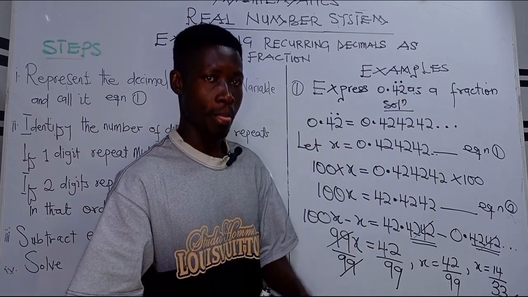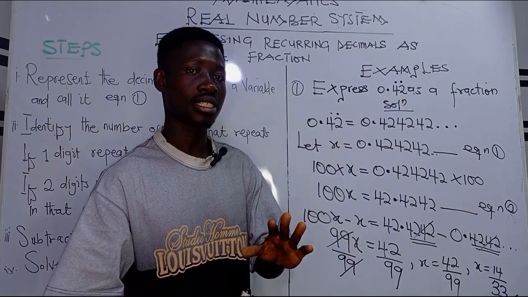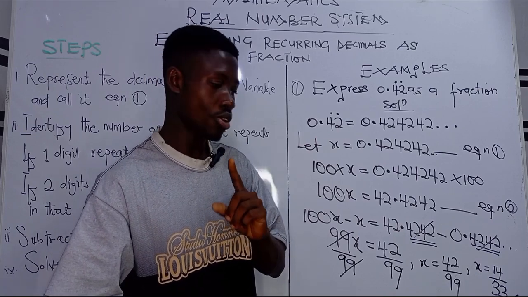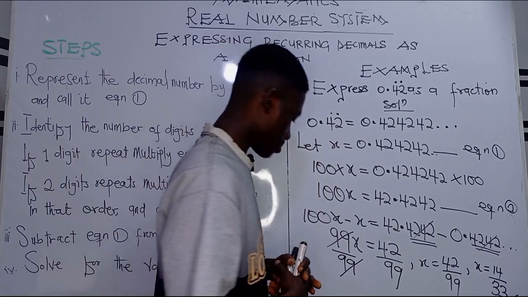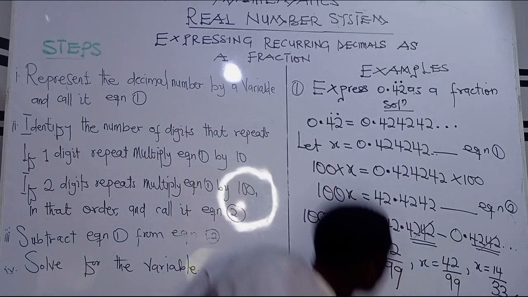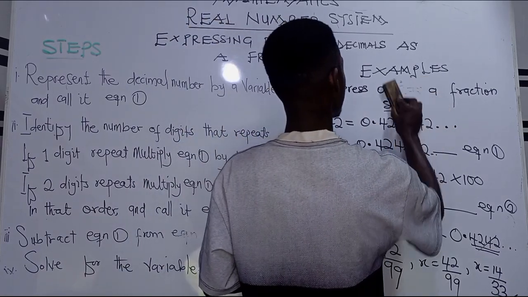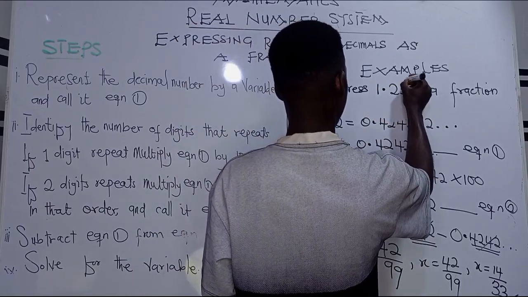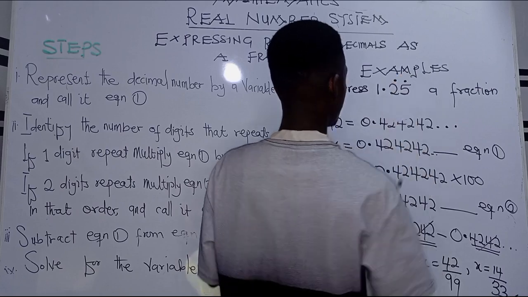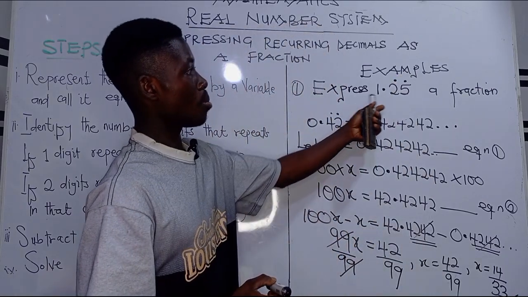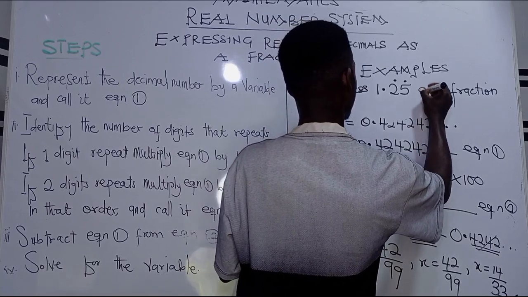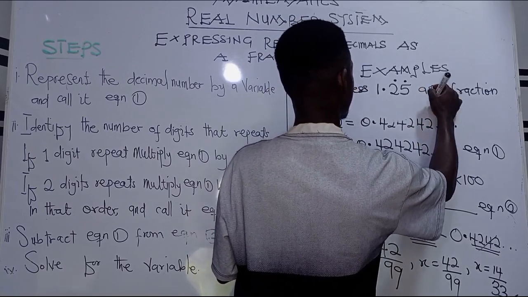We will take our last example. It is your example. Pause the video. You try your hands on it. So you have to express 1.25 dot dot as a common fraction.